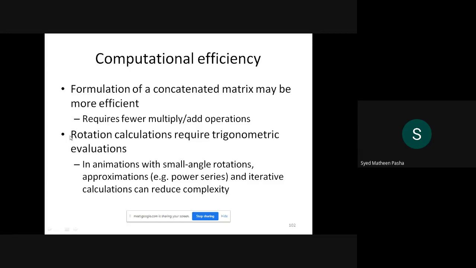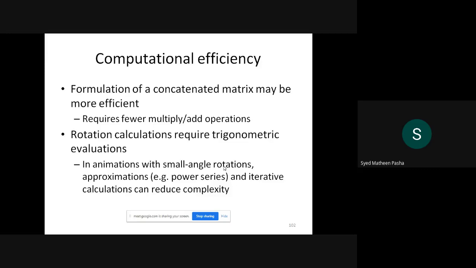Then the second point is that rotation calculations require trigonometric evaluation. So what are these trigonometric evaluations? For example, in animations with small angle rotations, we can use a power series, which is an iterative calculation that can reduce complexity. Animation is an application of graphics, right? So we feed the code with some rotation angle.